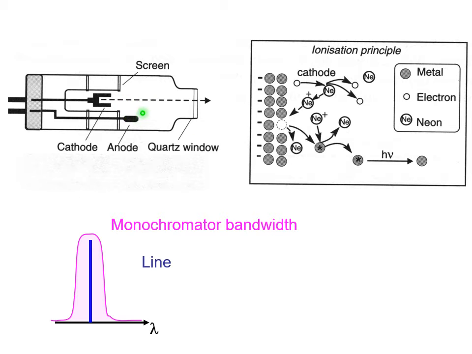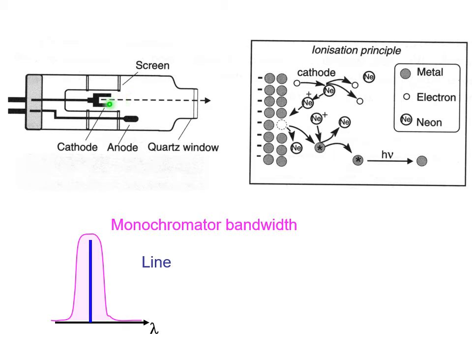Electrons coming from the anode to the cathode will collide with these atoms, and they will produce light that will be exactly the same as we need. Photons will have exactly the same energy that comes from the transition from 3p to 3s, or vice versa, from 3s to 3p.